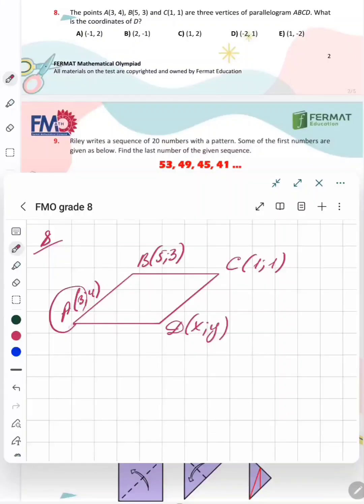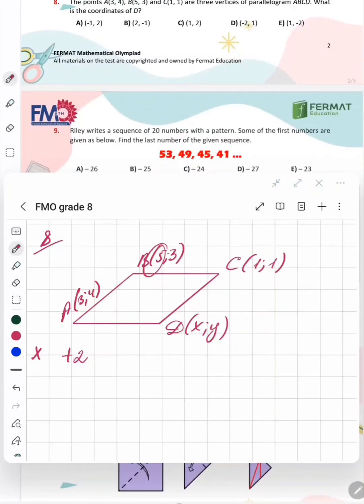Alright, the x coordinate, we see that it's shifted how many units? 2 units. So the x coordinate shifted by 2 units. Our y coordinate, from 4 we got 3. We see that it shifted -1 unit.